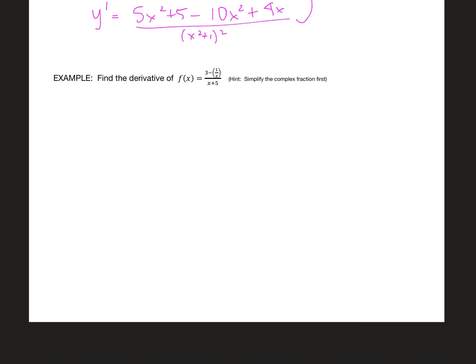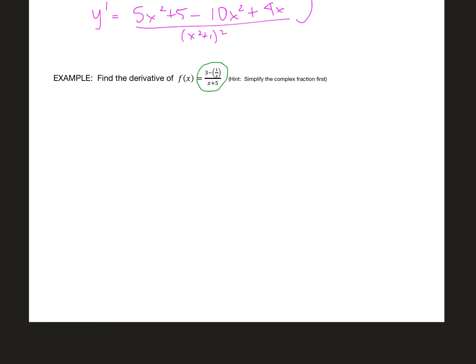Okay, let's scoot this up. For this one, it's probably doable the way it stands, but this is a complex fraction. When a fraction has other fractions inside of it, it's considered complex and it's hard to deal with.